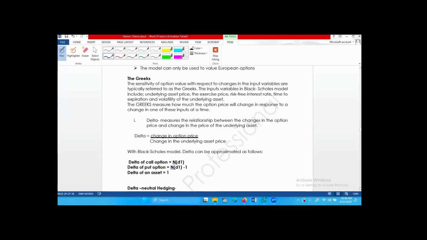Note: with the Black-Scholes model, delta can be approximated as follows. Delta of a call option is N(d1). Delta of a put option is N(d1) minus 1.